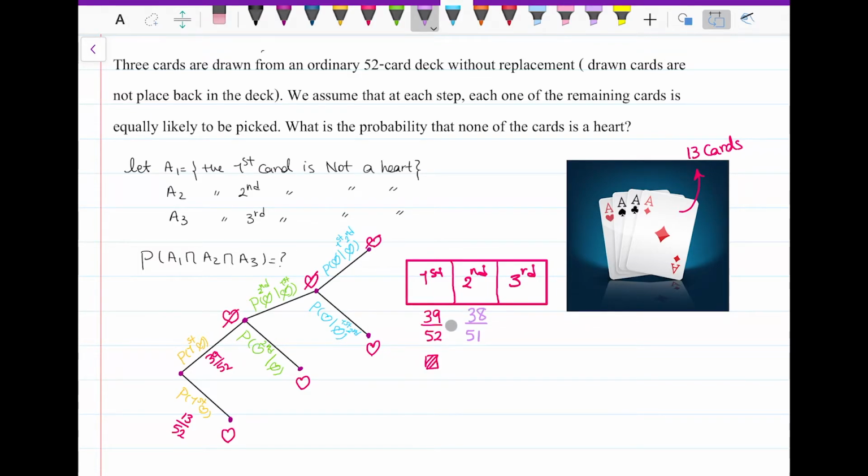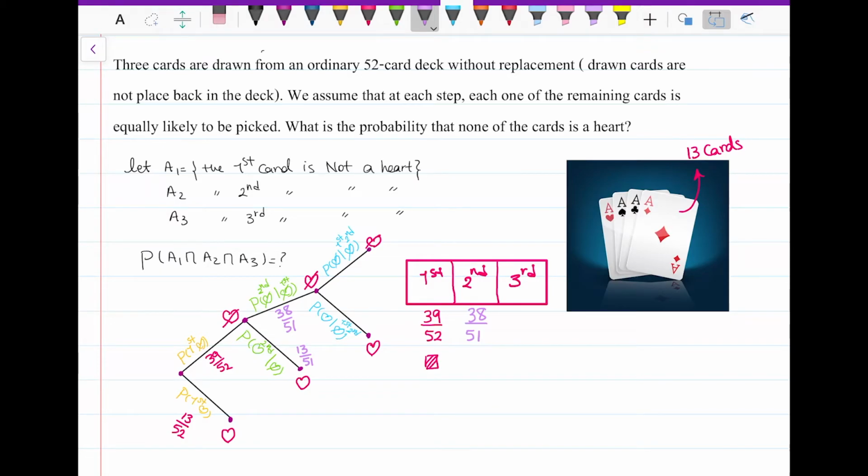So here I have 38 over 51. And how about if my second card is a heart? I have 13 choices, in the case that the first one was not a heart, and I have 51 cards left.